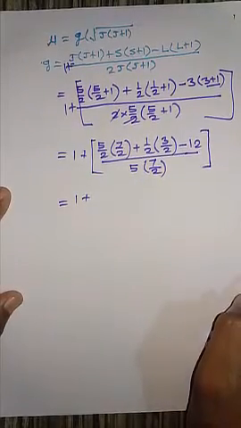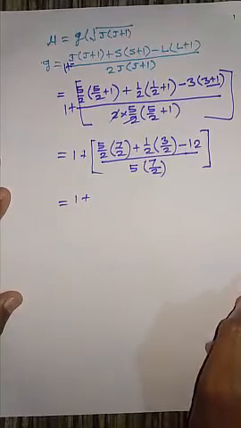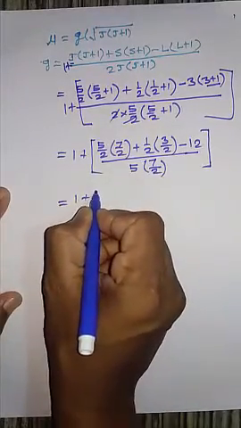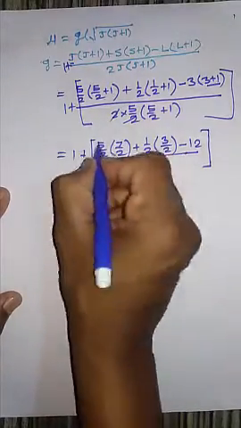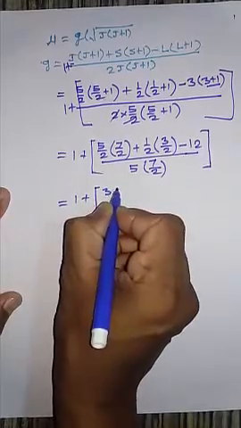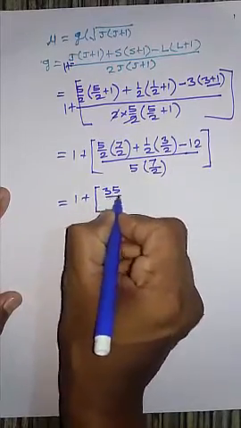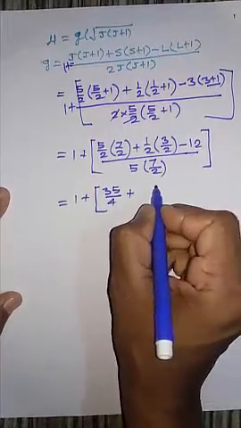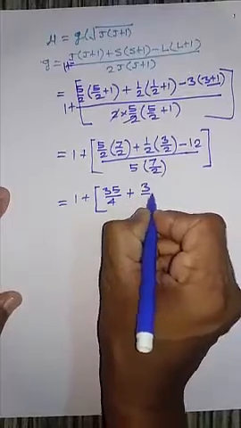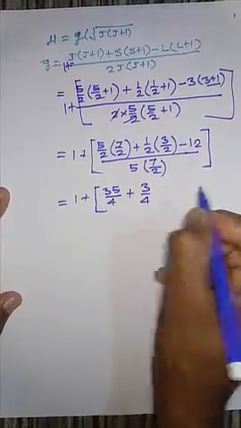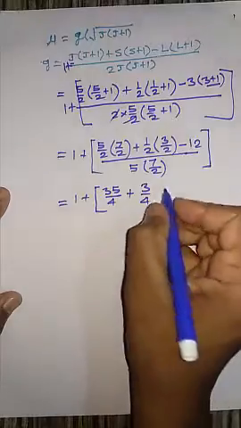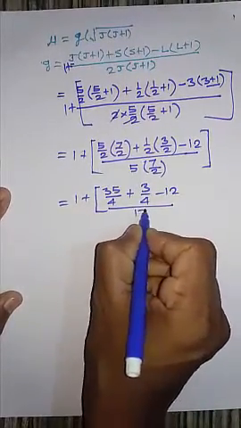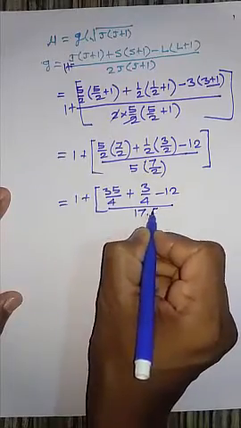After solving we get 35 by 4 plus 3 by 4, minus 12, and the denominator is near about 17.5.